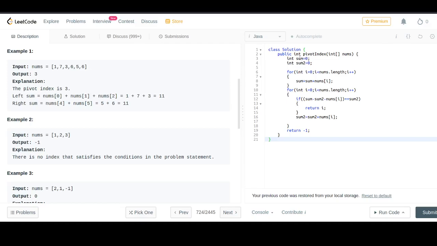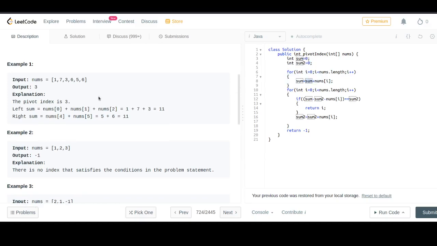Here I have taken two sums. We iterate through the array once and calculate the total sum of all the elements, 1 plus 7 plus 3 plus 6 plus 5 plus 6, which gives 28. Then we iterate again, and this time we already know the sum.